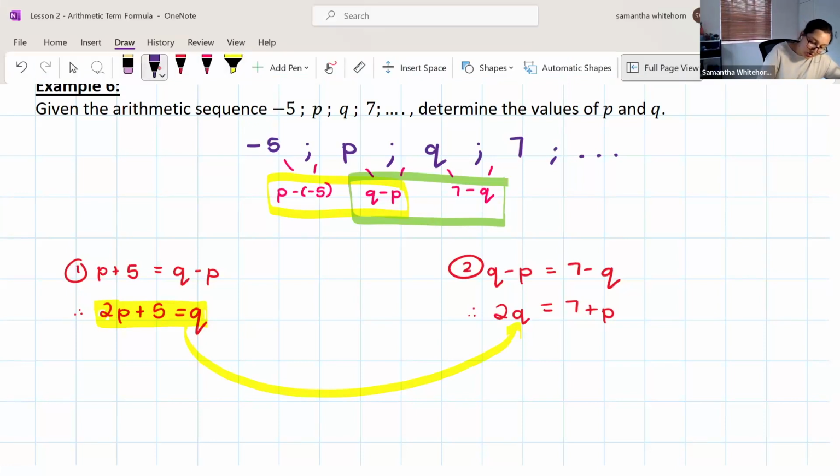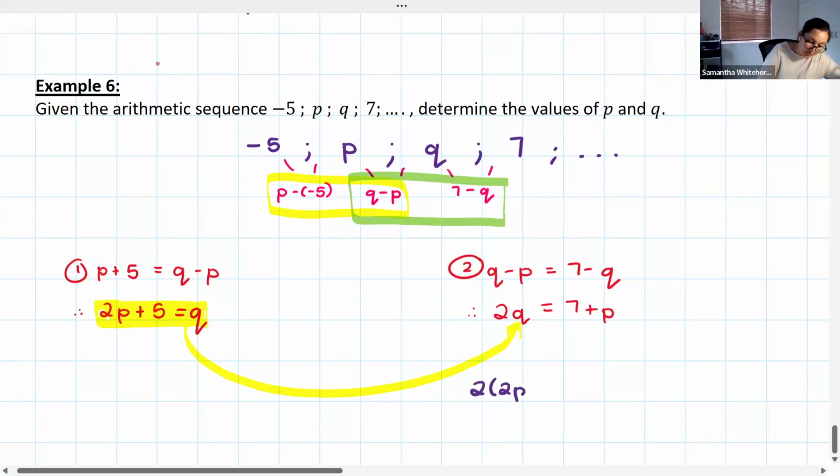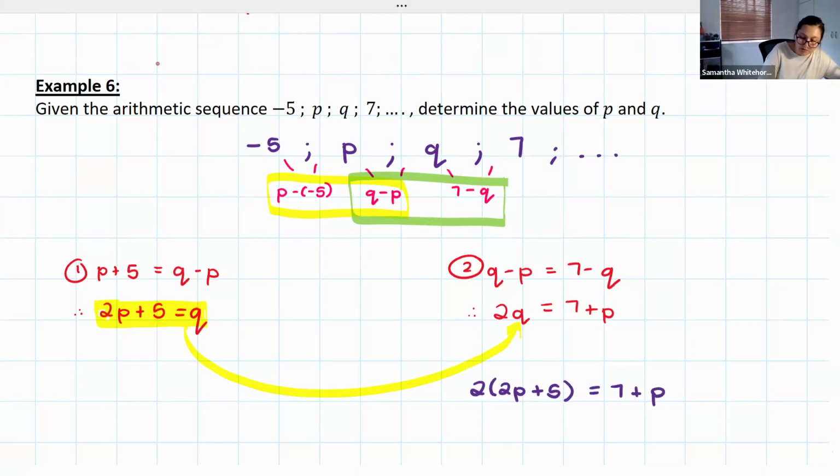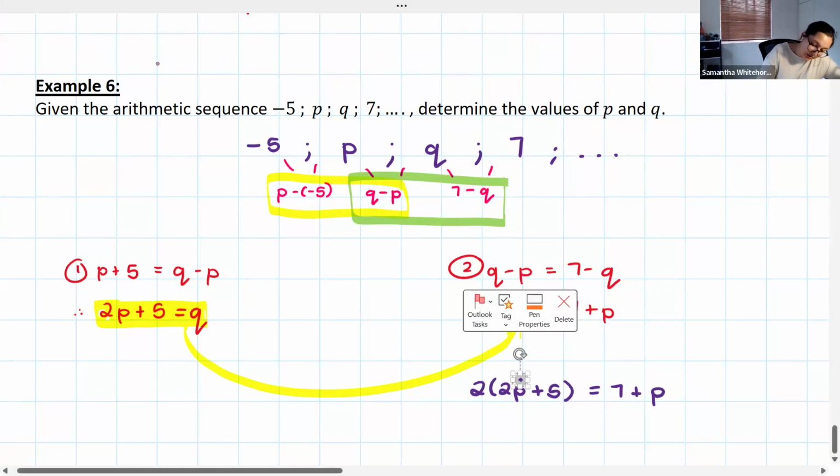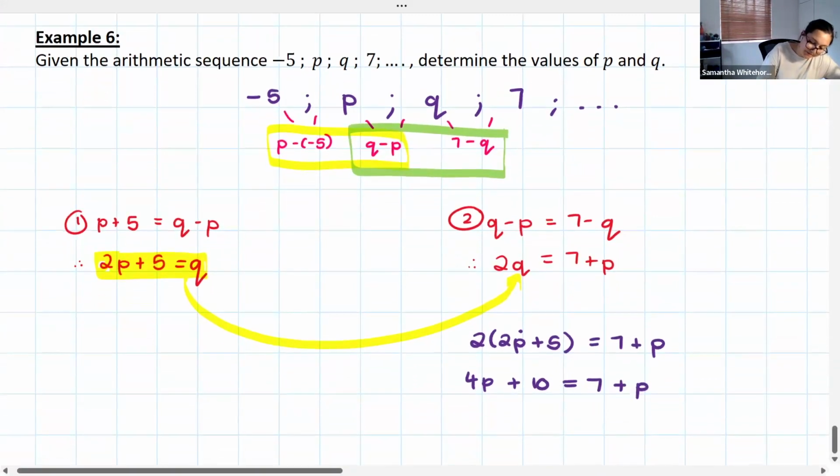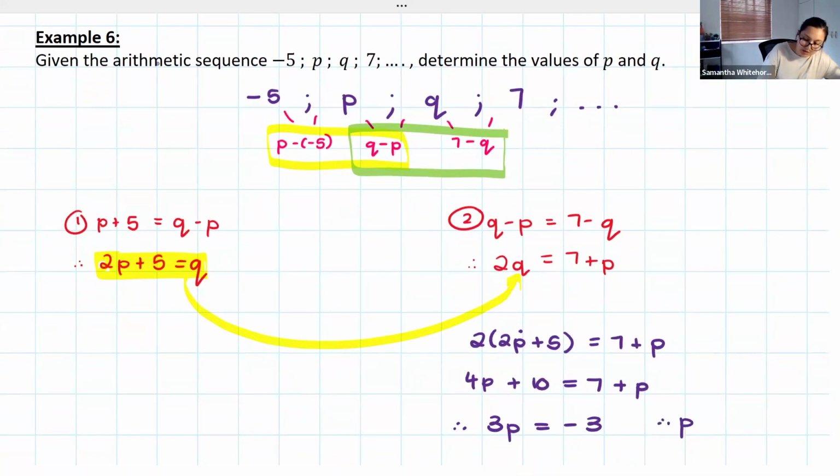So now we've got 2 times (2P plus 5) is equal to 7 plus P. And now we only have P's in our equation, which means that we can solve for P. So this is a nice linear equation. This would be 4P plus 10 is equal to 7 plus P. And so 3P is equal to -3, which makes P equal to -1.